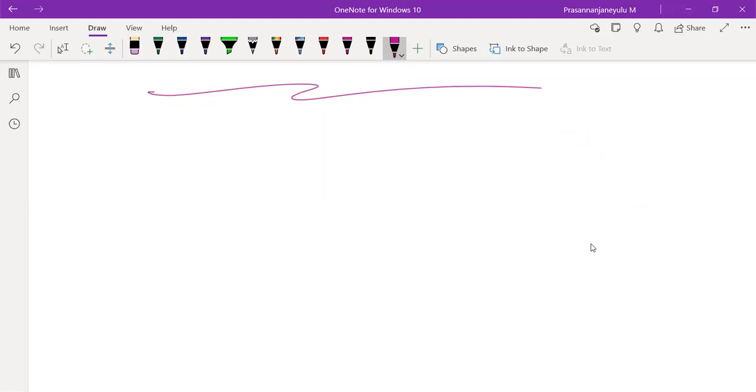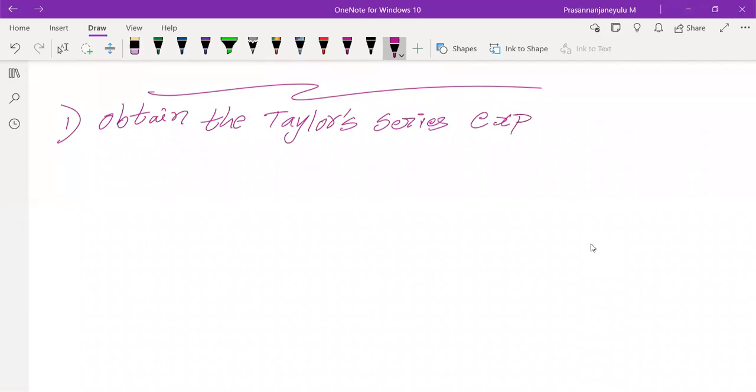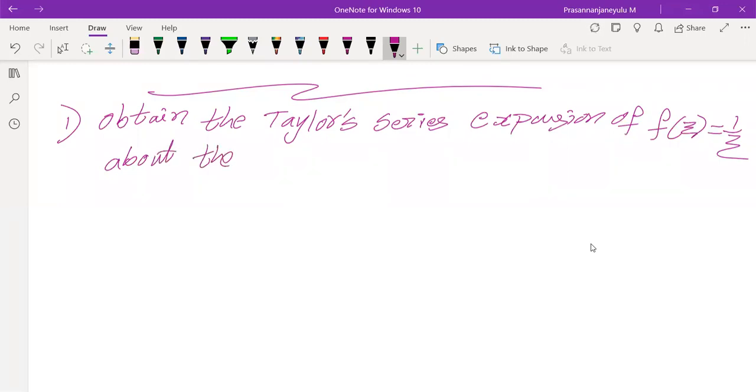First, I'll start with the ABCD problem, meaning the easiest problem. Obtain the Taylor series expansion of f of z equals 1 by z about the point z equals 1. The topic is very, very easy, but there is one point you have to understand.